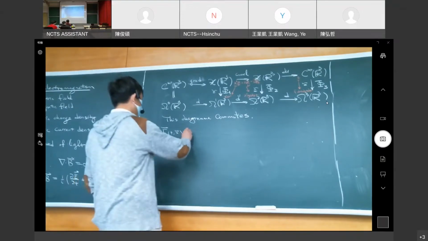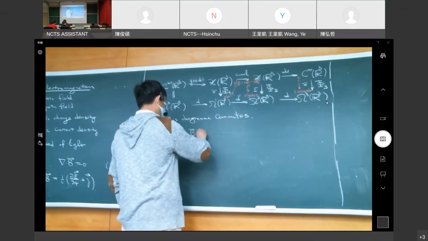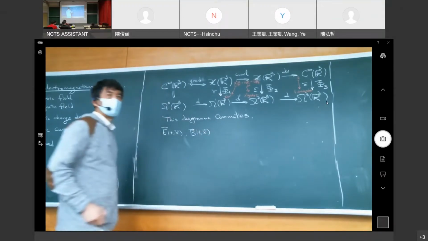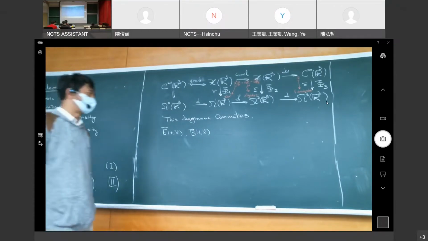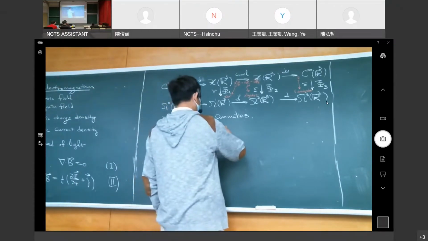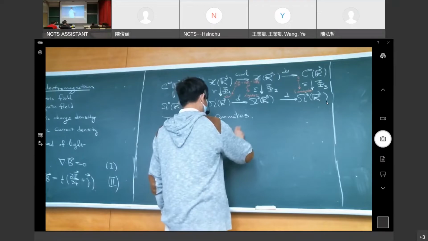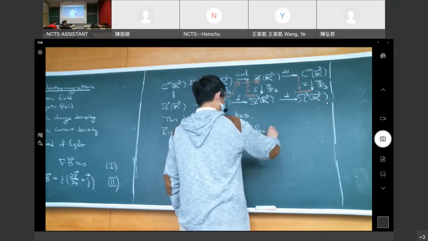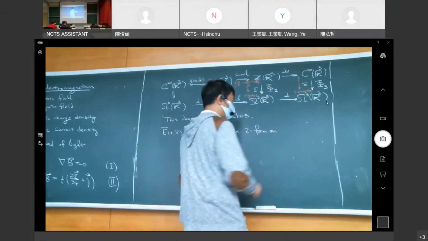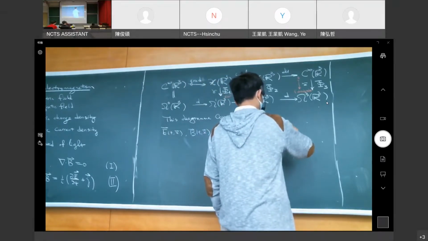On the other hand, so is the magnetic field. So these two physical quantities, which are vector fields, actually form a differential two-form on four-dimensional space, which I'm going to write down in a moment.